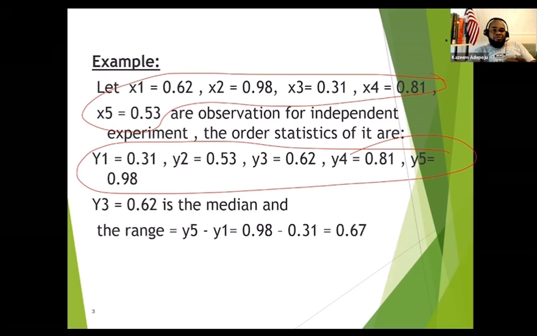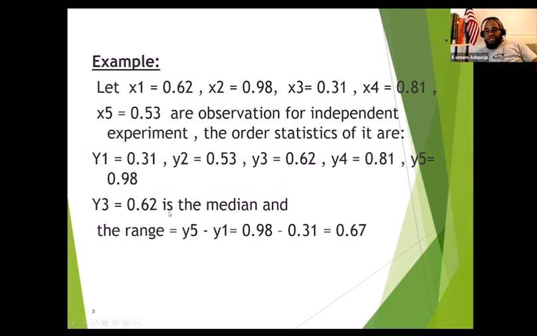Finding a median from a set of observations requires ordering them from the smallest to the largest. My median here is y3, which is 0.62. We can also find the range, which is the difference between the smallest and the largest. So take a look at that example.